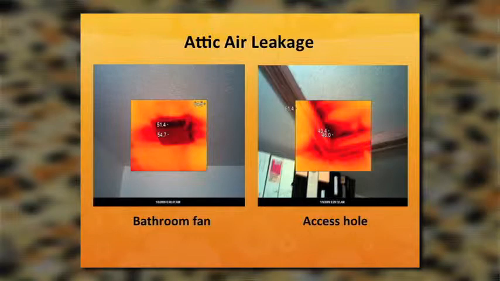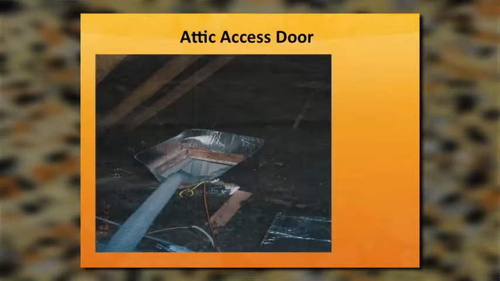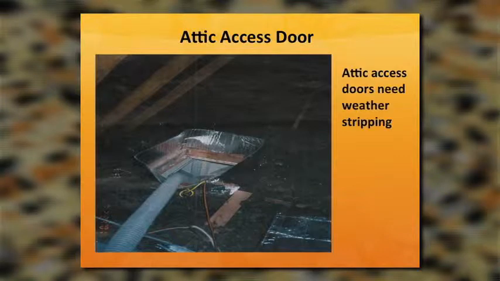Some of the things we need to do with an attic access hatch to fix that problem is weather stripping. We put weather stripping on that attic access hatch. We also put insulation on the back side of that attic access hatch, and that allows us to stop the heat loss moving through that attic access hatch.